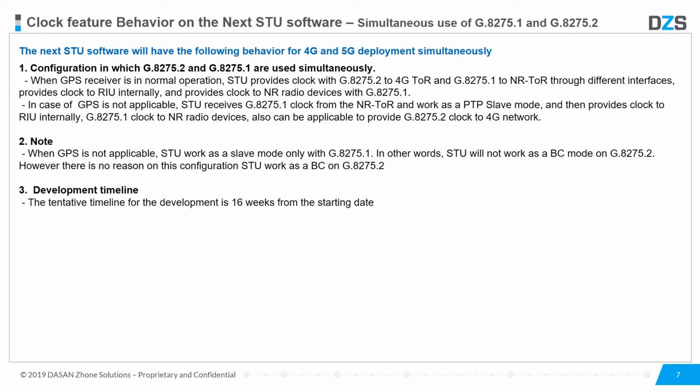The following data describes the clock operation for simultaneous use of telecom profile G.8275.2 for 4G network and telecom profile G.8275.1 for 5G network. In the future, STU software will operate as follows for simultaneous use of telecom profile for 4G network and 5G network.